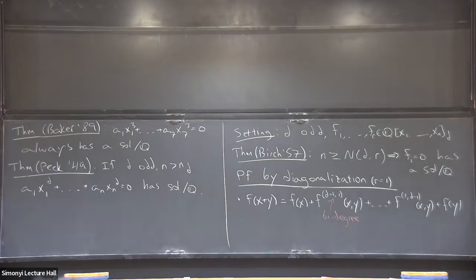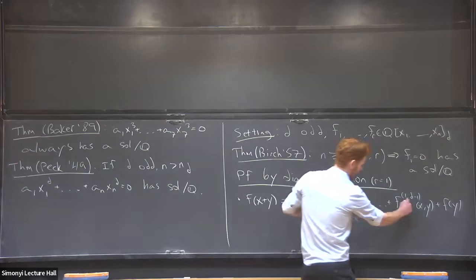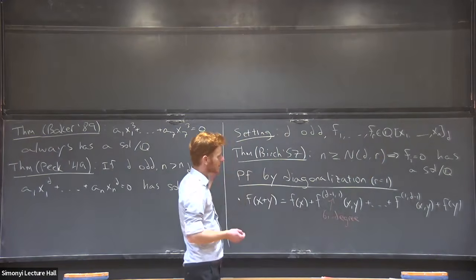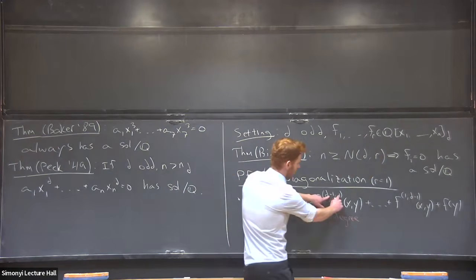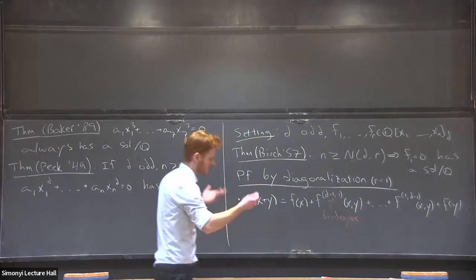And so you do that, and our mixed terms, so all of the ones that have superscripts, you notice that the fact that d is odd means that one of these degrees in either x or y is going to be odd, and it's going to be smaller than d.